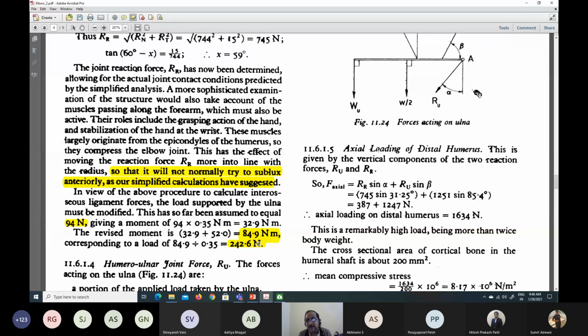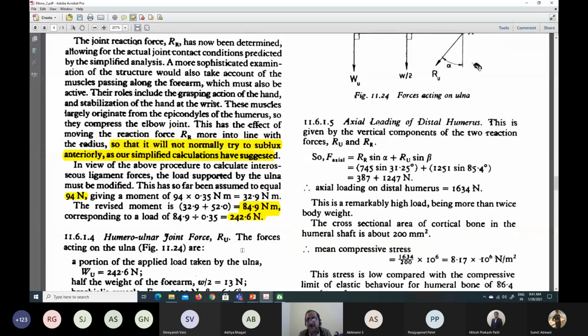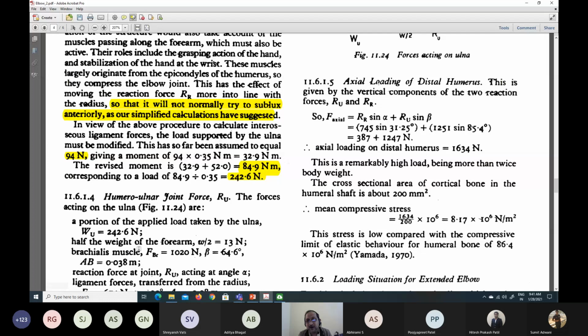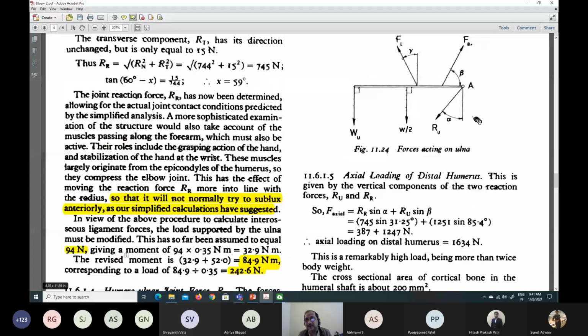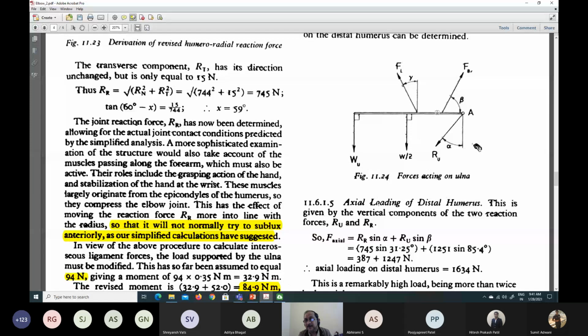Okay. The next, we will actually take up the humero-ulnar joint reaction force, which is designated by RU. Okay. So once we have the contribution of the external load 242.6 Newton, the half of the limb weight 13 Newton. In the ulnar system, the forces acting, as you can see here, is the ligament here at an angle.